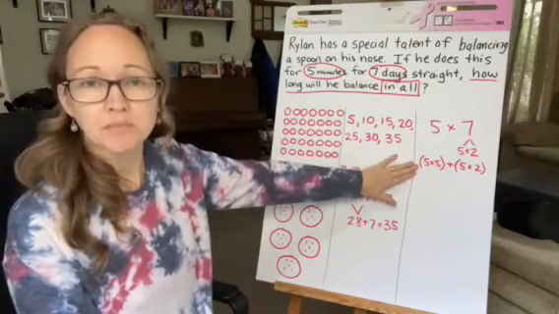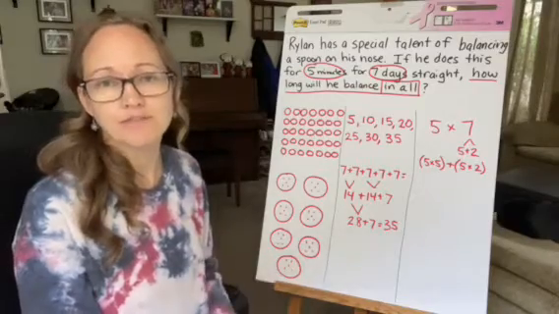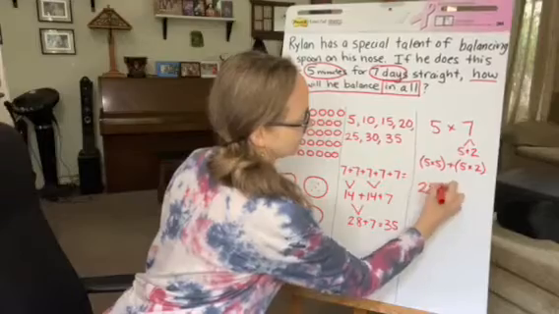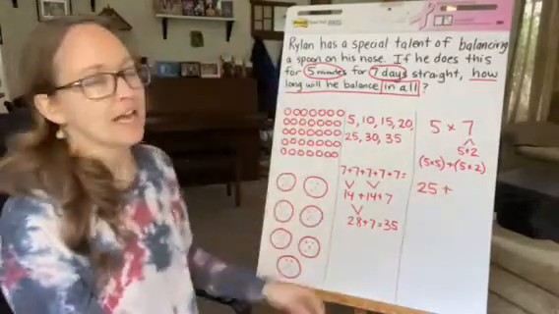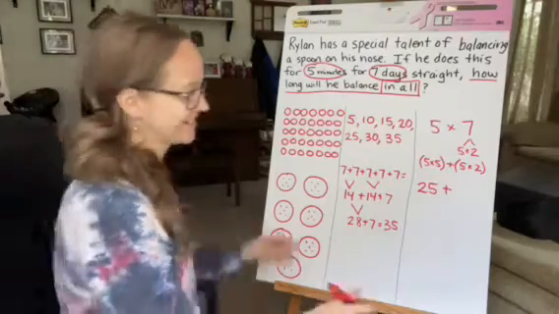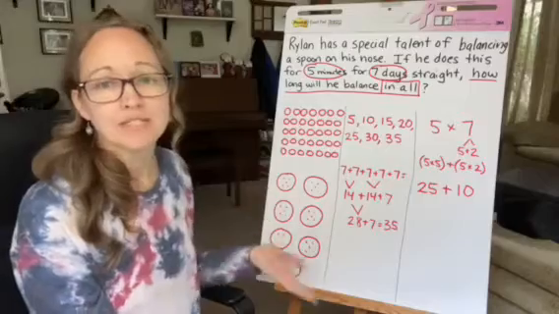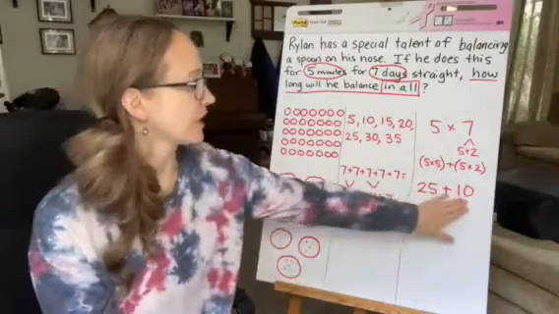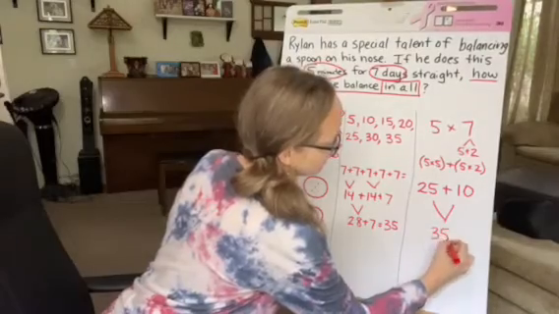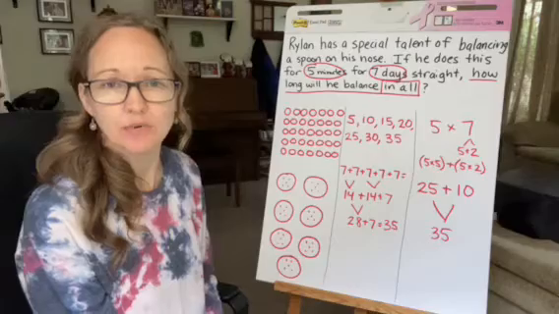Now we simply multiply and add together the 2 products. 5 times 5 equals 25. And 5 times 2, 10. Now we simply add those 2 answers together and we get 35.